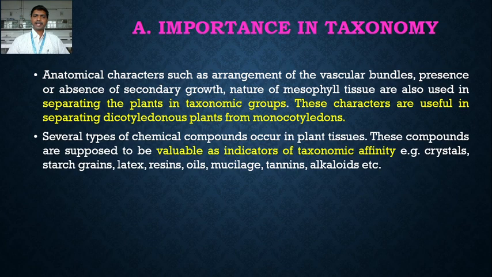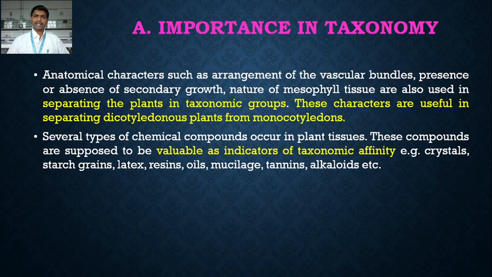Several types of chemical compounds occur in the plant tissues, and these compounds are considered valuable as indicators of taxonomic affinity. For example, crystals, starch grains, latex, resins, oils, mucilage, tannins, alkaloids.